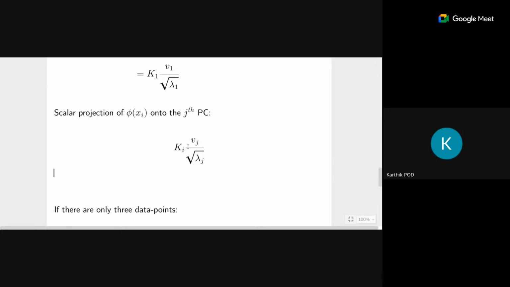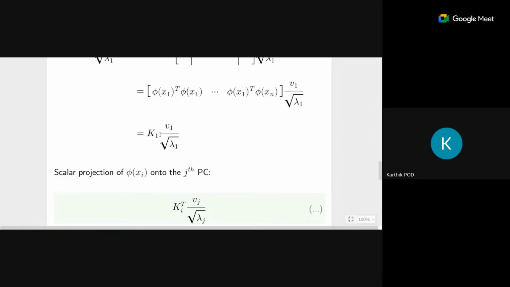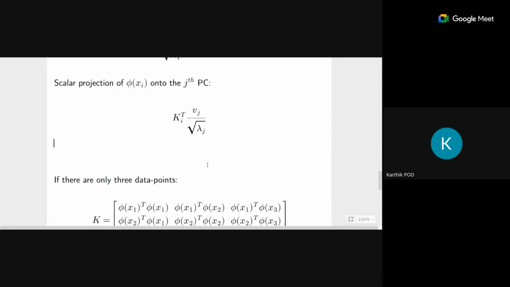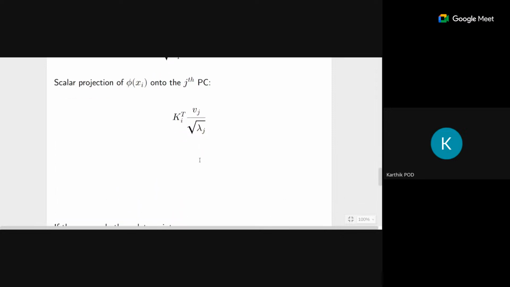So Ki, maybe I'll just call it Ki transpose. I hope you'll understand this is the first row and this is the ith row. Is that fine? Yes, sir. Okay. I hope this is fine, at least till this point. So you now know how to get the projection of any data point onto any principal component.